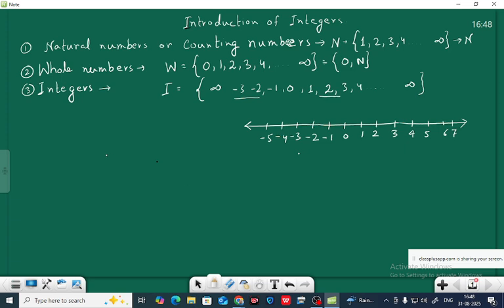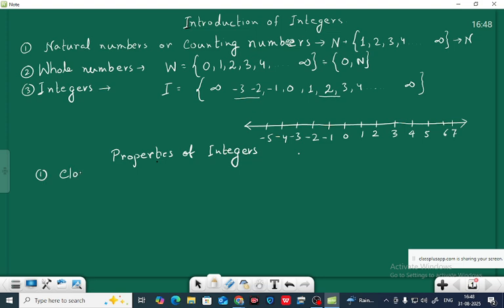Now we will learn some properties of integers. The first one is known as closure under addition and subtraction.